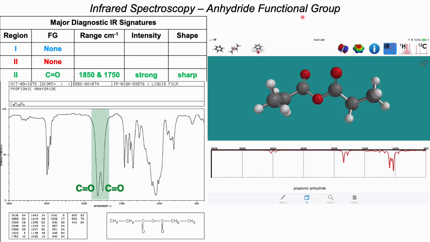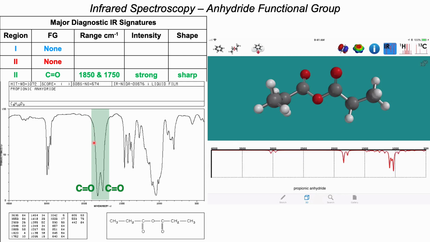Now to the anhydride functional group. This molecule is propionic anhydride, and what that is, is a linkage of two carbonyl functional groups through an oxygen. So it's anhydride basically because it's the condensation of two carboxylic acids together with the loss of a water molecule, H2O, across the carbonyl groups here.